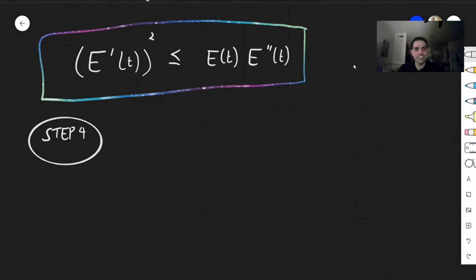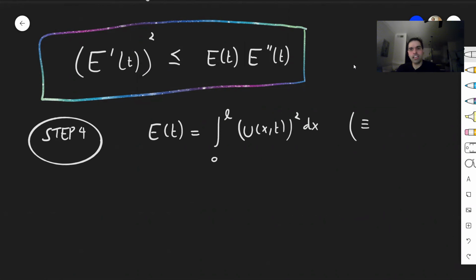Because remember, what was E of t? That's the integral from 0 to L of u(x,t) squared dx. Ideally, we would like to show that this is identically equal to 0, because then u would be 0, and then we would be done. So that is our goal.